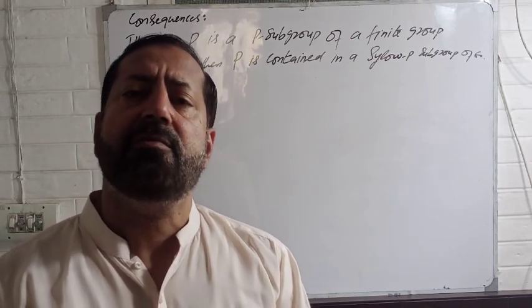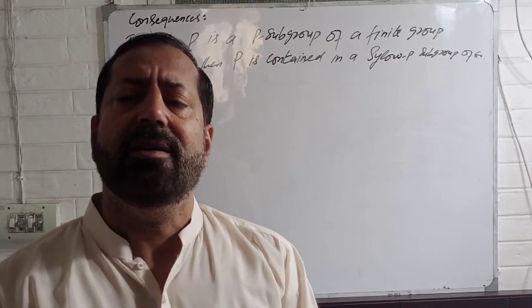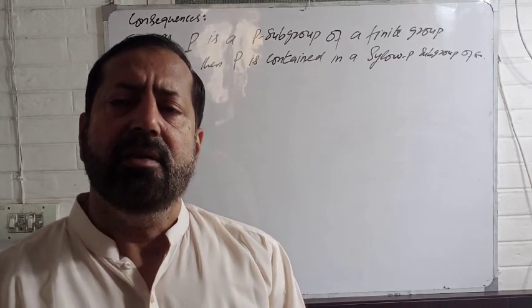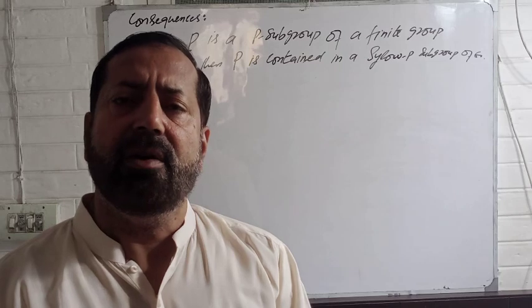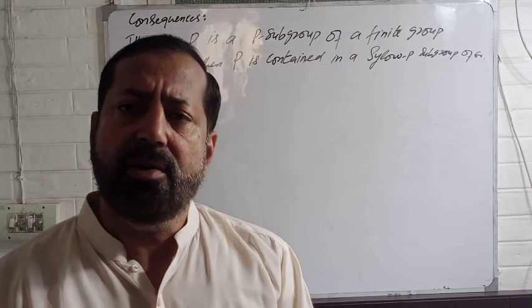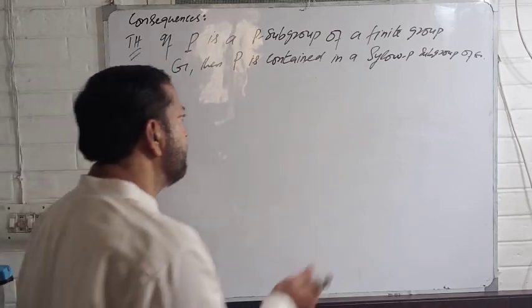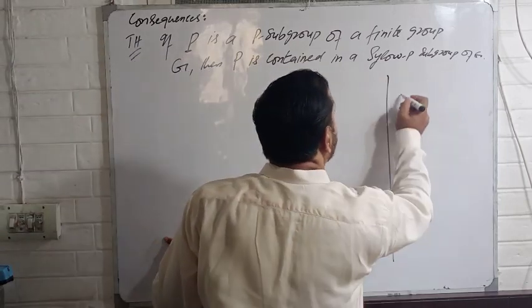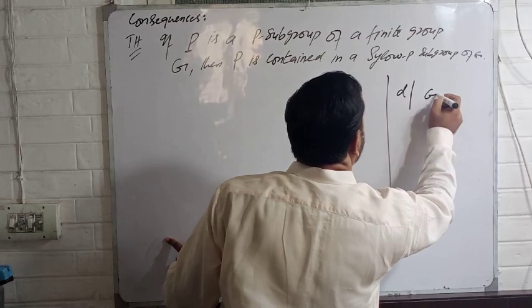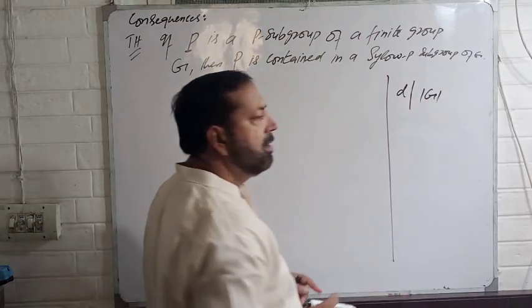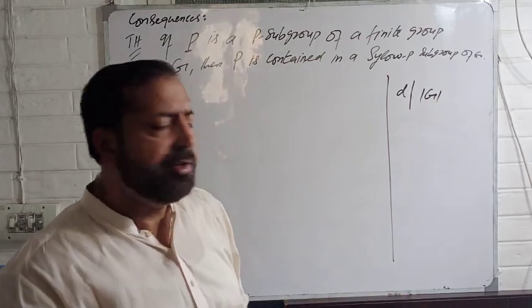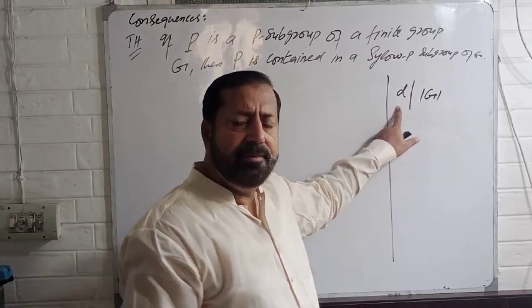The first question was, if D is a divisor of the order of a group G, can you always find a subgroup H in G of order D?